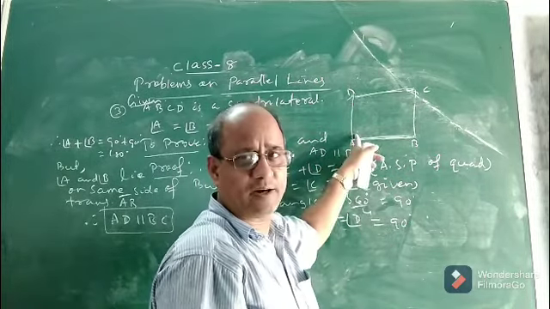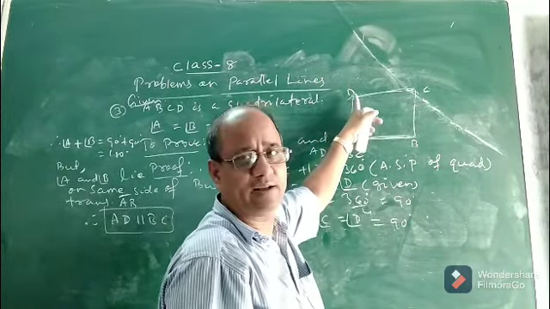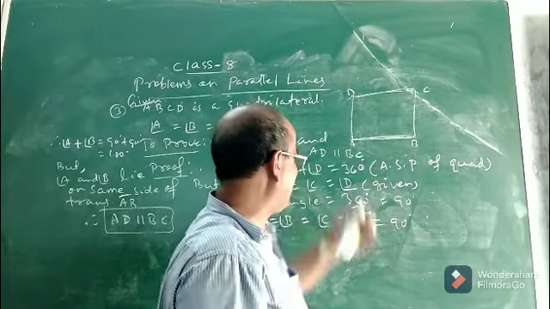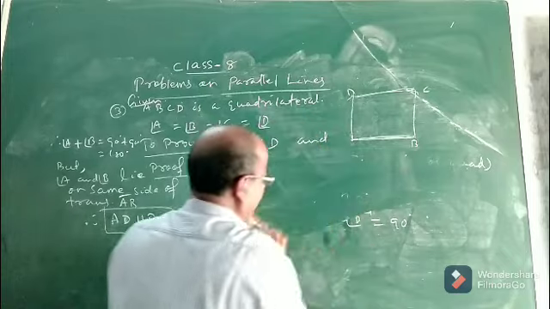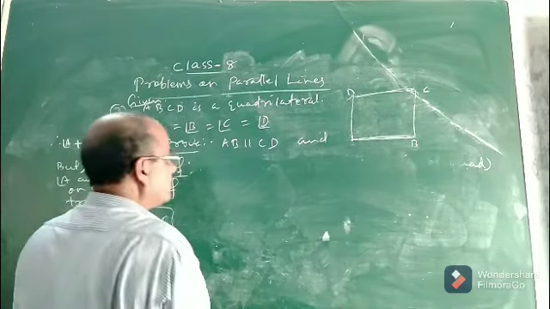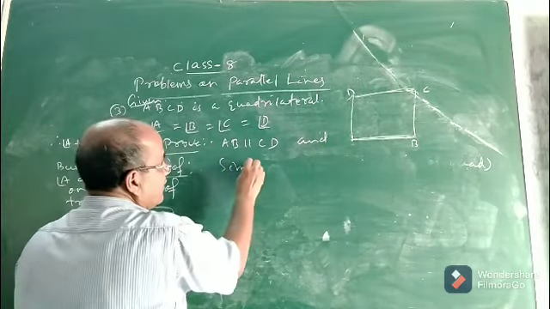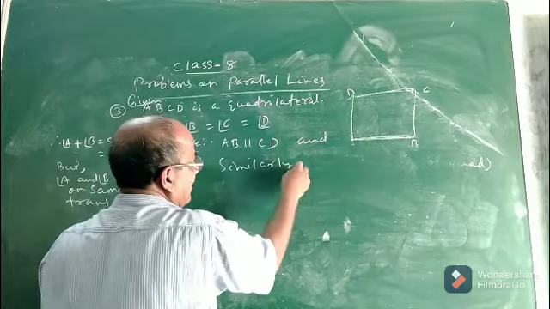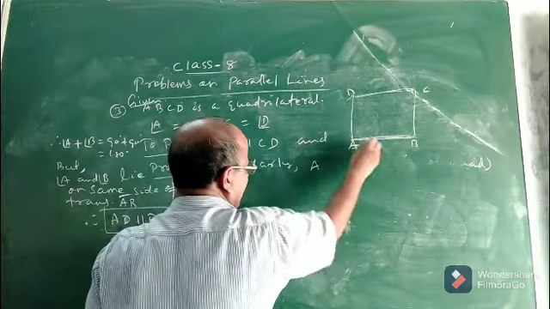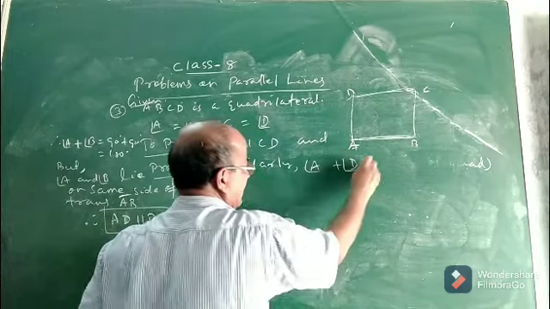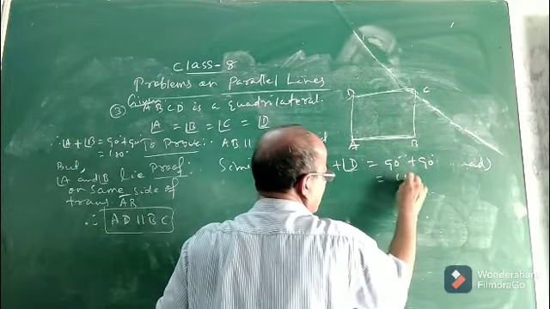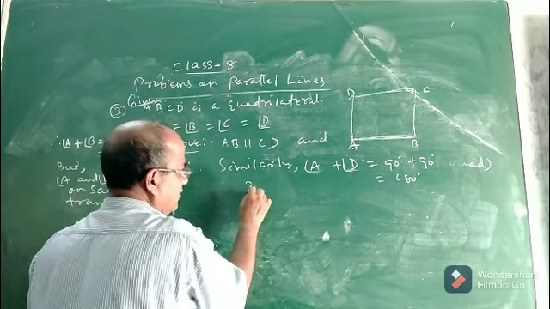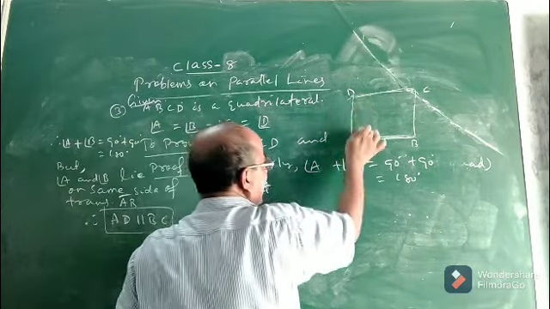See, angle A is how many degrees? 90 degrees. And what about angle D? It is also 90 degrees. That means angle A plus D. So we can proceed in a similar manner. Similarly, angle A plus angle D equals 90 plus 90. It is 180 degrees. But what angles are A and D?